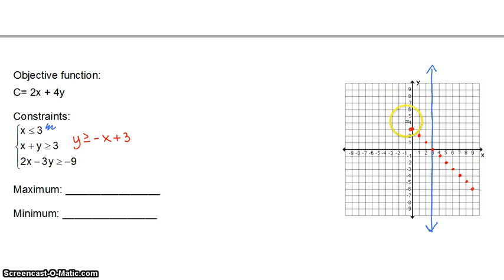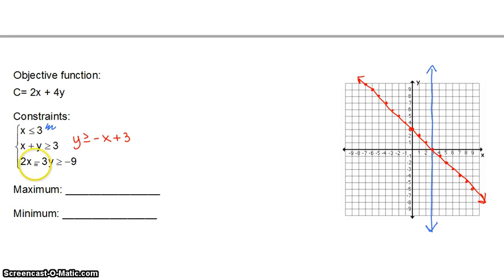We're going to go in the other direction as well, up 1, left 1. And that's going to be a solid line as well because it says greater than or equal to. Remember, using your ID will give you nice straight lines if you don't have a ruler.